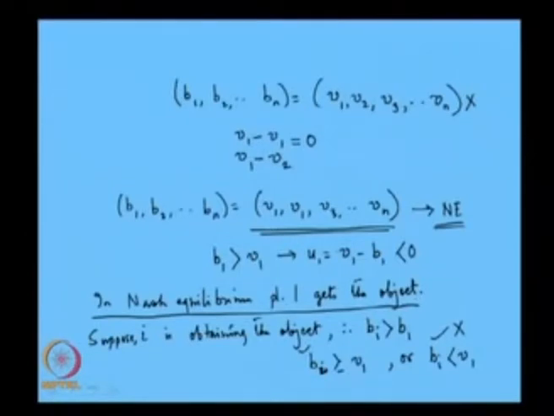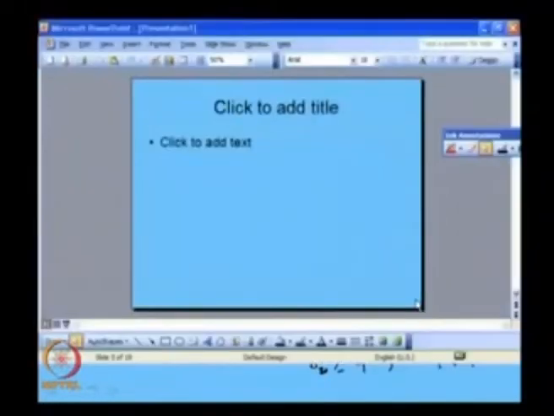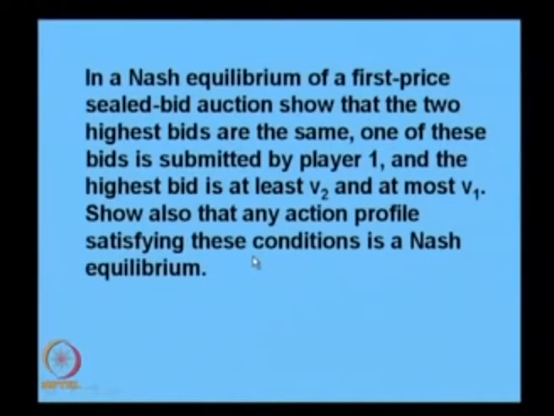There is another interesting property of Nash equilibrium in first price auction, which will be presented in terms of an exercise. This is the exercise: in a Nash equilibrium of first price sealed bid auction, show that the two highest bids are the same.